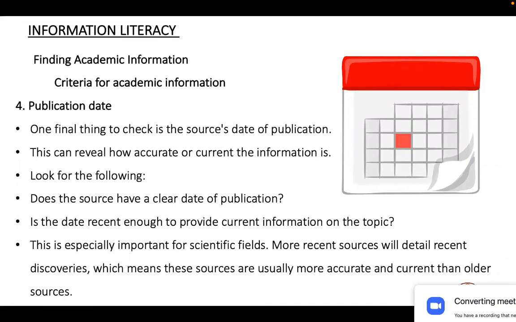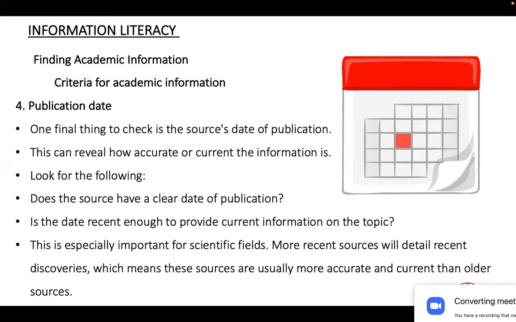So remember, we are constantly getting newer information, newer ways of doing research, and things can change. New ideas, new information. Remember, a vaccine is not just developed in one go with one piece of research, and the information gets updated over time, especially in the scientific field. So we need to look at whether our source has a publication date and whether it is recent enough to provide current information on the topic.